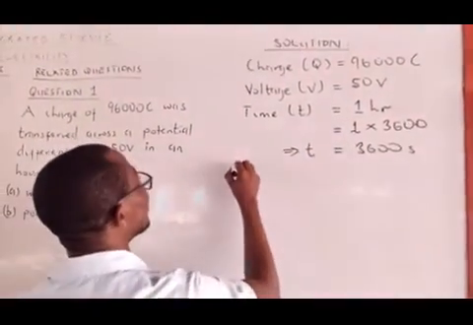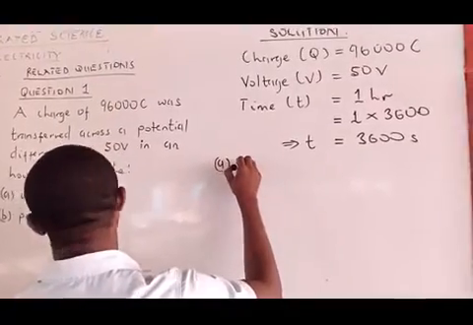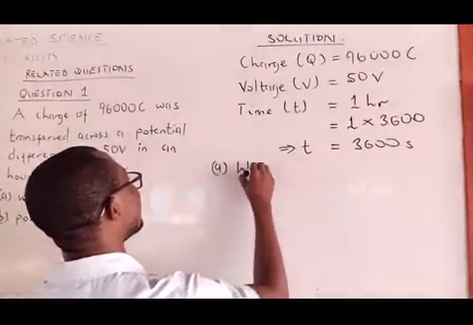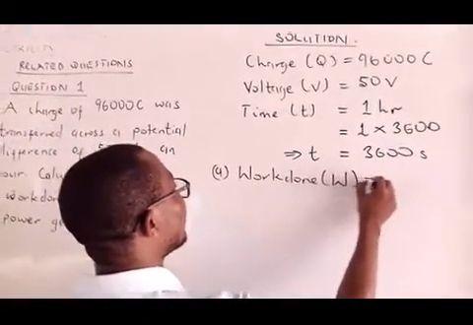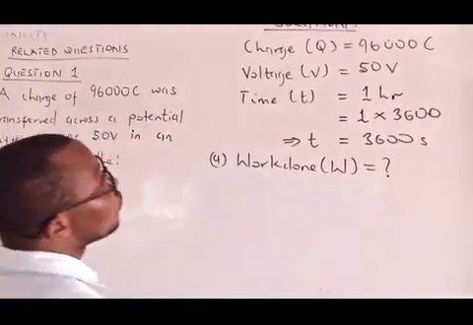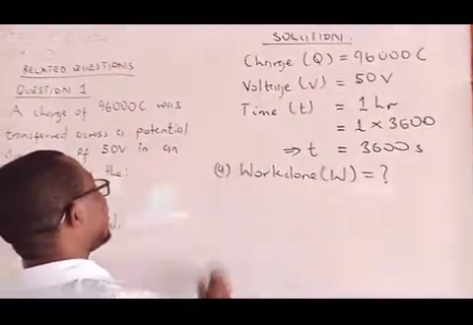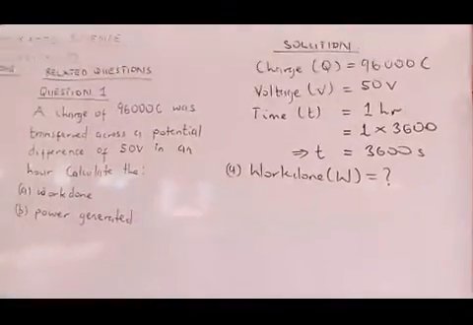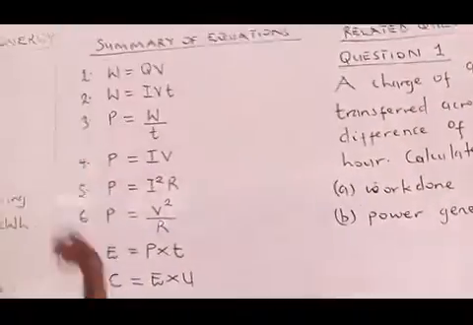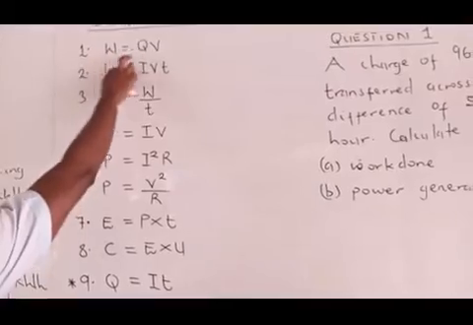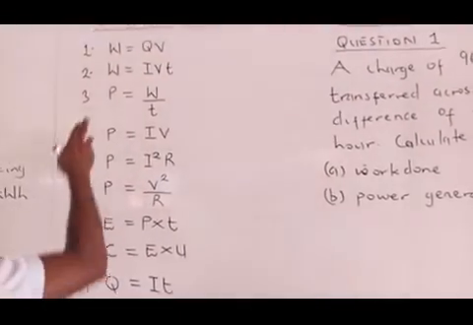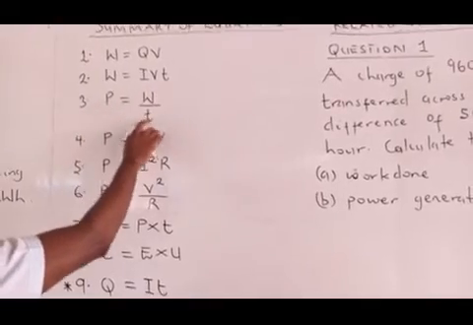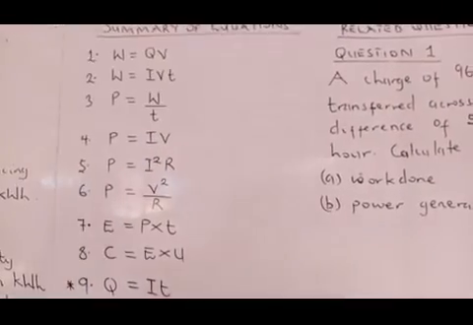And the first question is asking to find the work done. So work done, W, we don't know. Now how do you find W? If you come back to the summary of the equations, these are the equations that contain W. W equals QV, W equals IVT. From P equals W over T, you can make W the subject.